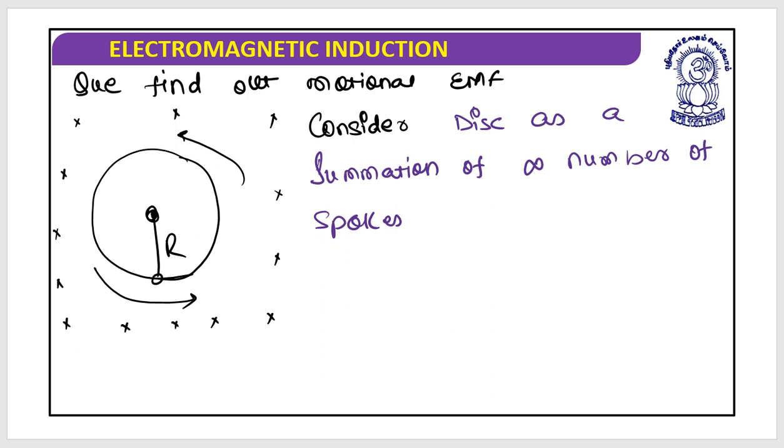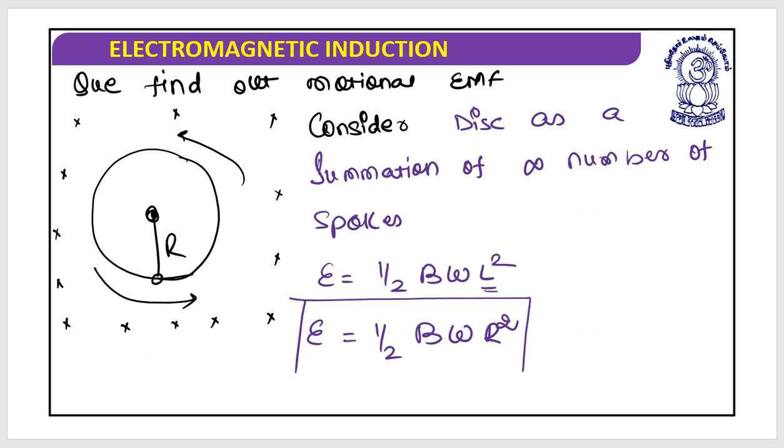When I consider this disk as a summation of an infinite number of spokes, E is equal to 1 by 2 into B into omega into L square. In this case L, the length of the spoke, will be replaced by the radius of the ring. It's 1 by 2 into B into omega into R square. This is the motional EMF of the ring when it is rotating like this. I hope this is clear.